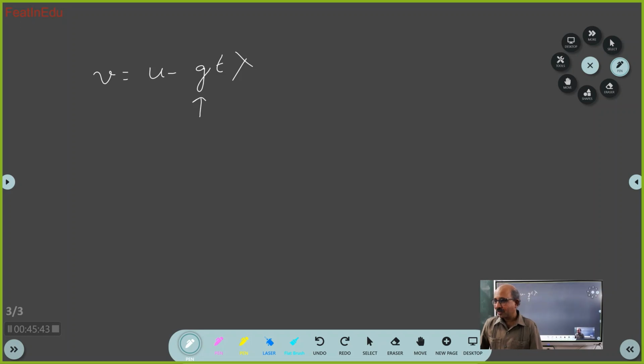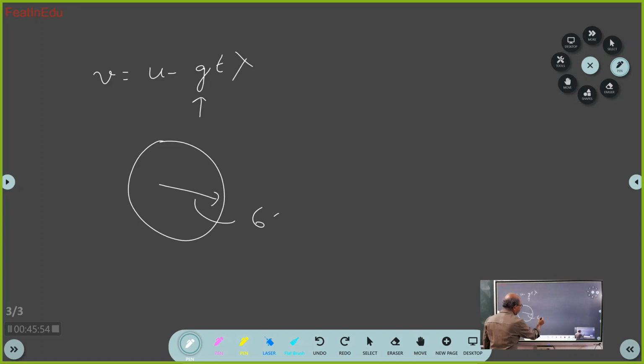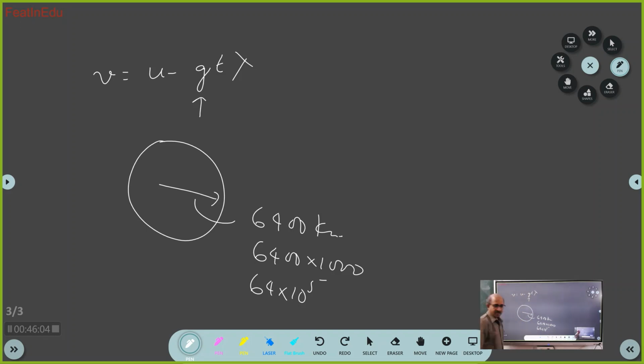So therefore, know this. Even at such small distances, the acceleration due to gravity changes, but in a very small amount. See now, the radius of Earth is 6,400 kilometers, or 6,400 into 1000, or 64 into 10 to the power of 5 meters. Now, acceleration due to gravity G is equal to GM by, see, Earth, you are keeping a body here.